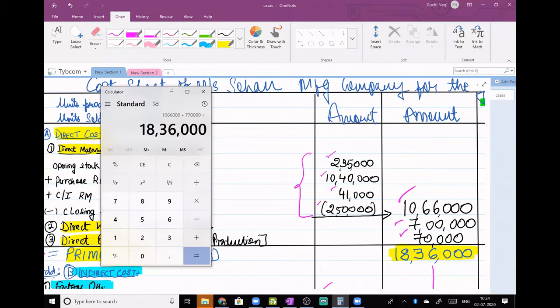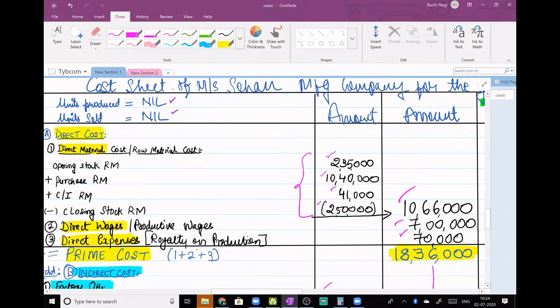What is prime cost? Sum total of direct cost is known as prime cost. I repeat, sum total of direct cost is known as prime cost. You can see here I have written 1 plus 2 plus 3, that is direct material plus direct labor plus direct expenses.